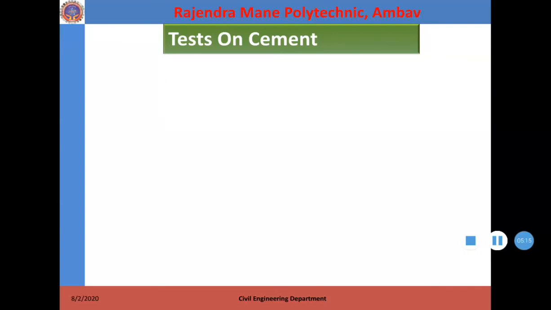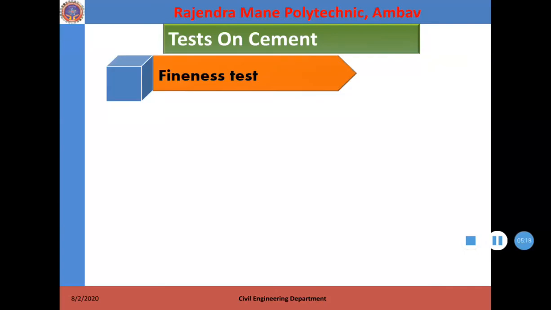The first test is the fineness test. As we know, fineness means the grain size or particle size of cement.